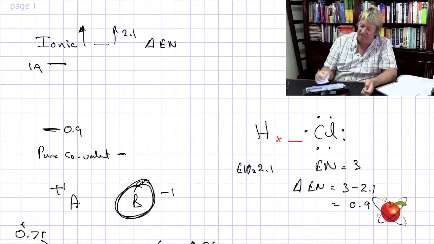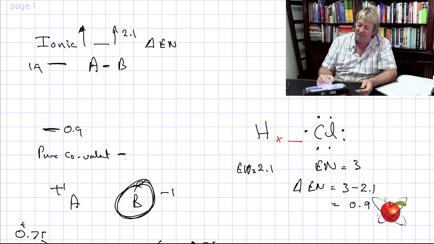Now, if we are in this area over here, my A and my B over there, this side is, let's call this the negative, the positive. Let's say that this is like a 0.9 negative.